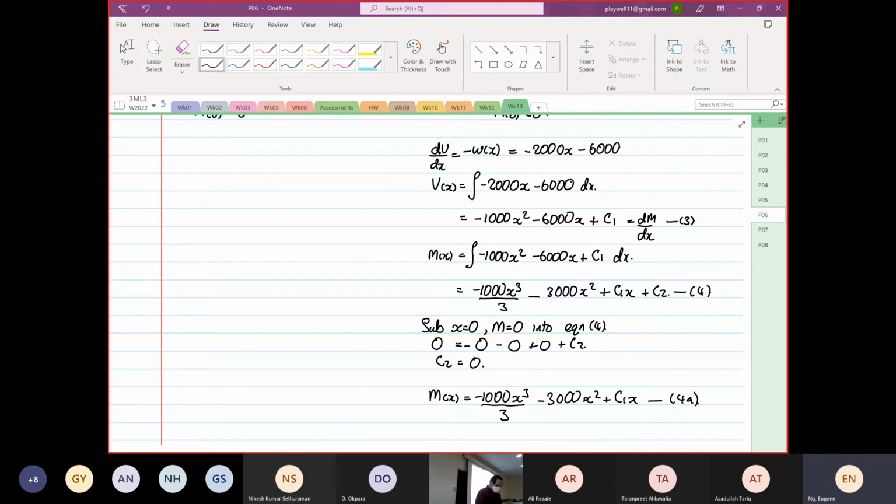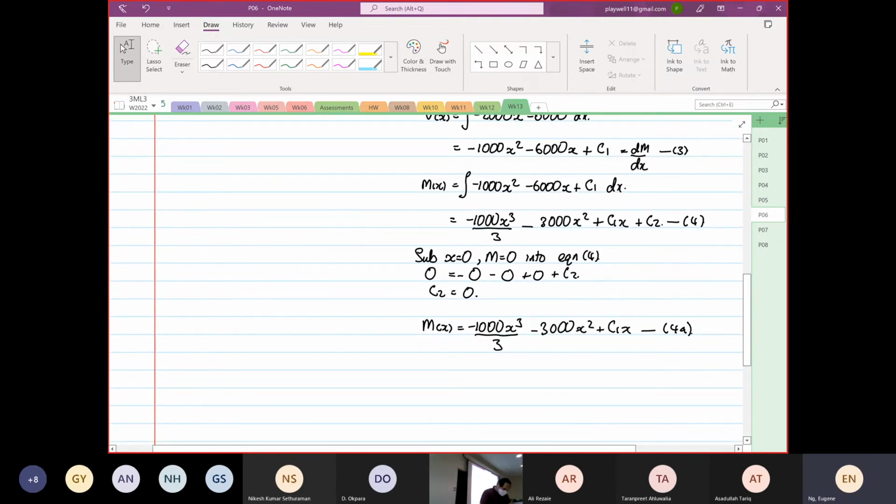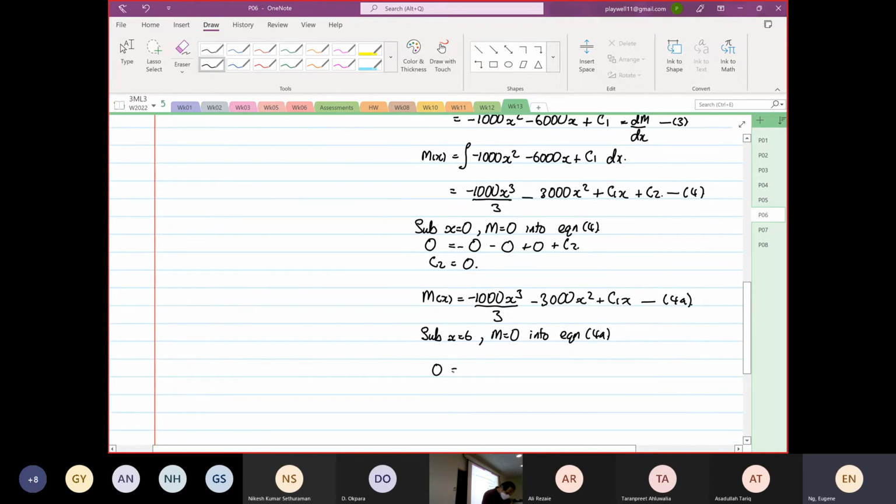And then finally, we're going to substitute x equal to 6, M equal to 0 into equation 4a. So this is still equal to 0. So this is equal to 6 to the power of 3 times 1000 divided by 3, which is equal to minus 72,000.